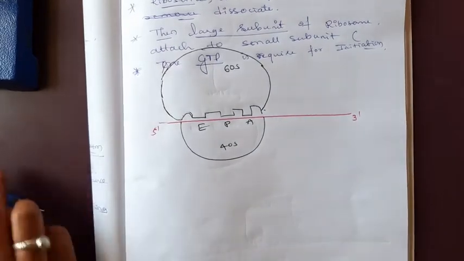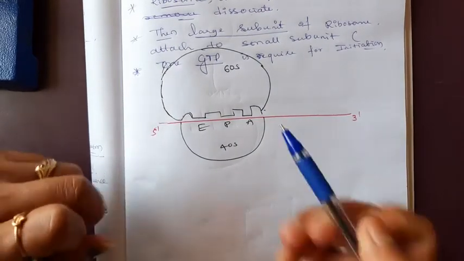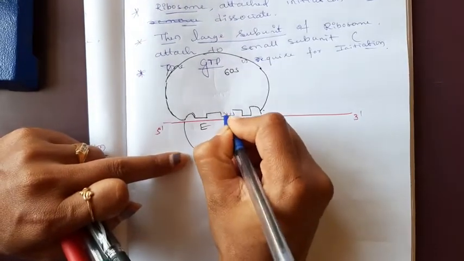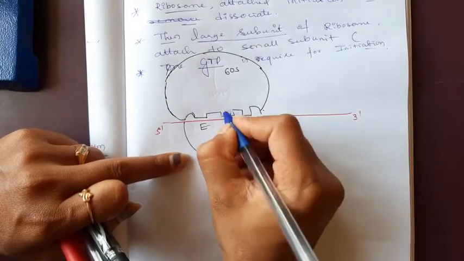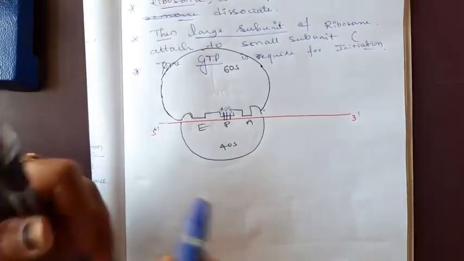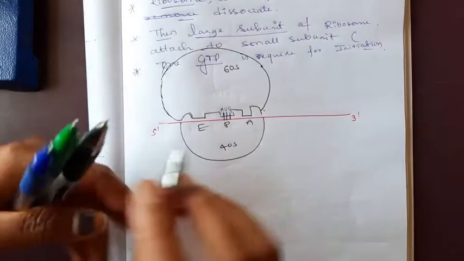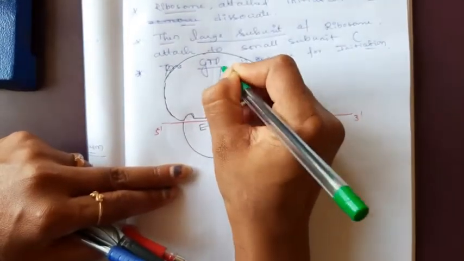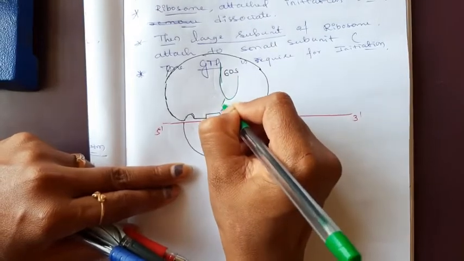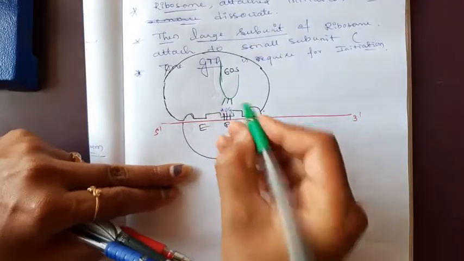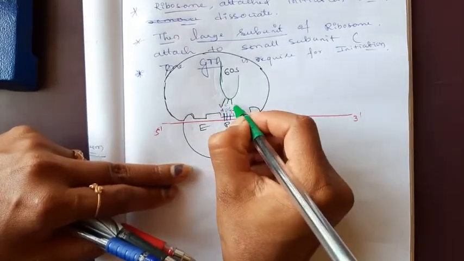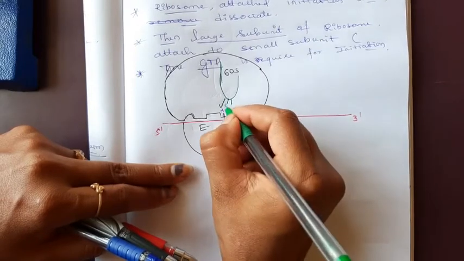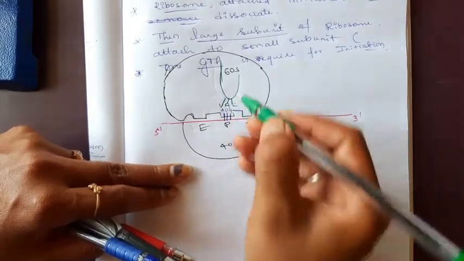Already here AUG, and this is a tRNA with anticodon UAC. Okay.